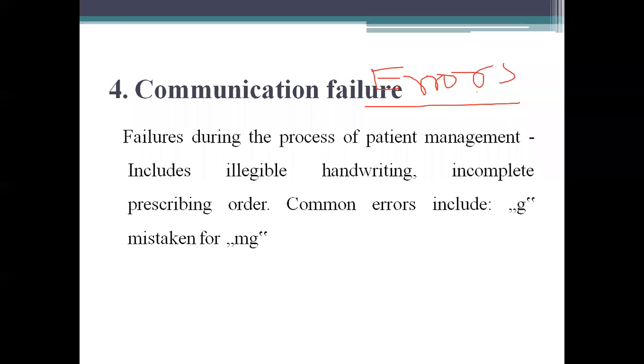Common errors include G mistaken for mg, means कॉमन एरर्स इन्क्लूड जिथं ग्राम लिहायचं तिथं mg मिलीग्राम लिहिलं आणि जिथं मिलीग्राम लिहायचं तिथं ग्राम लिहिलं.